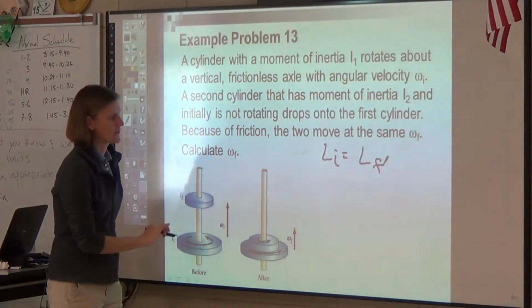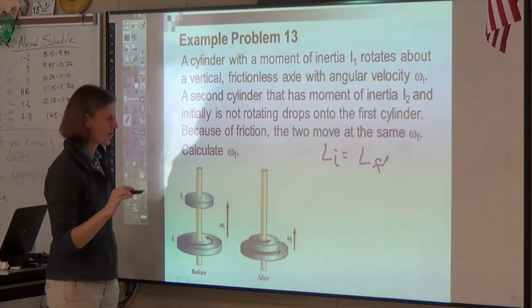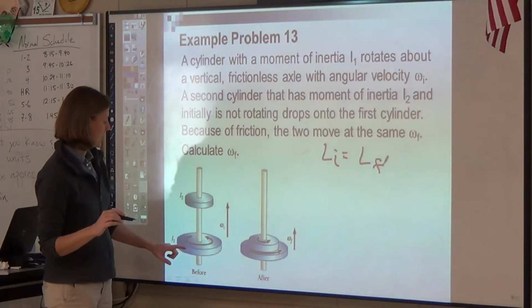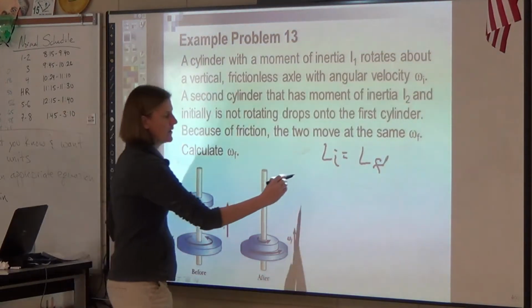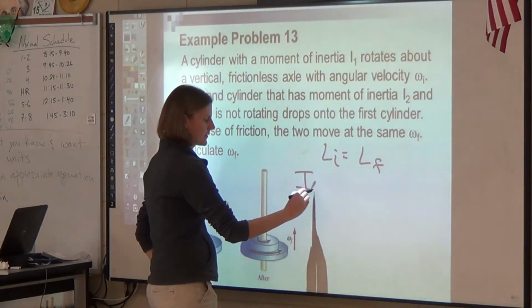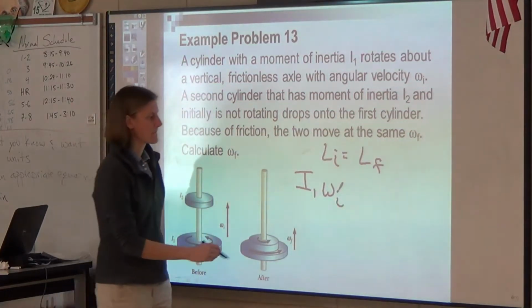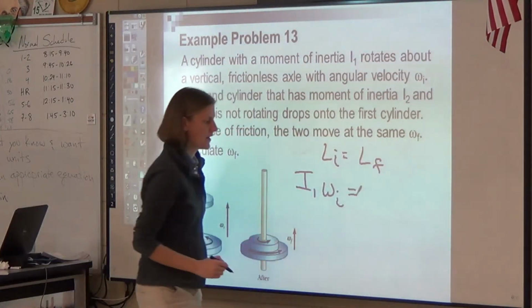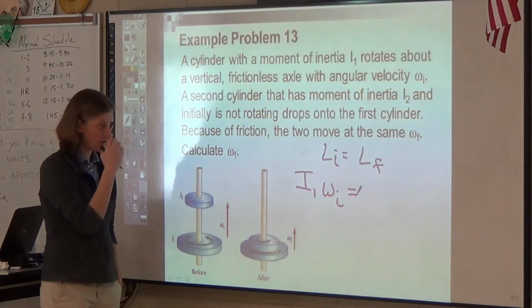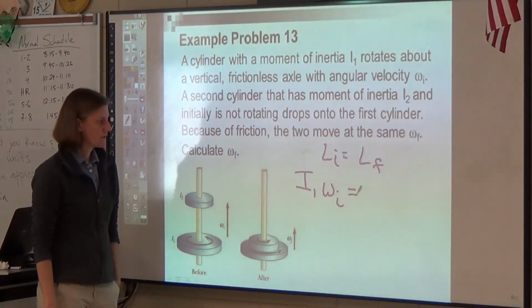They're not point masses, so we're not going to use the m r cross v. But L initial is just I1 omega I. And L final, how would we have to write that? Almost the same.